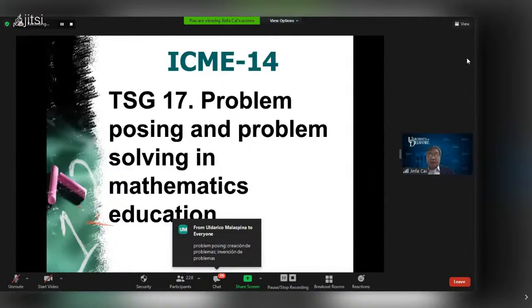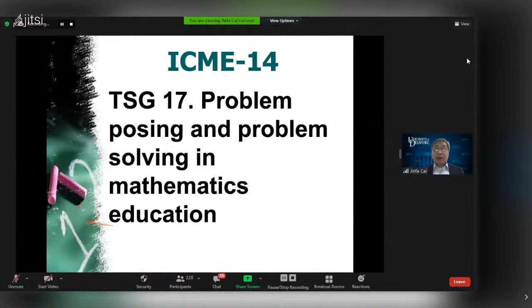Another evidence for the importance of this problem posing research: at ICME 14, there is a topic study group, which is TSG 17. It is called problem posing and problem solving in mathematics education.